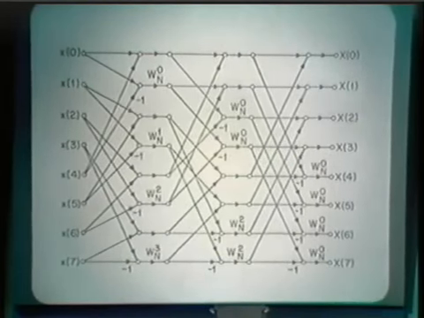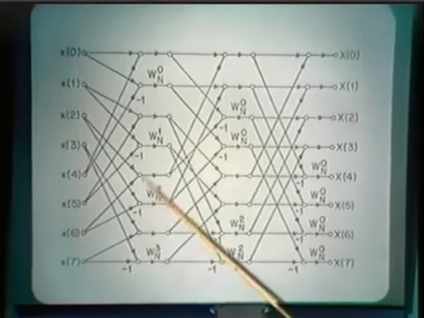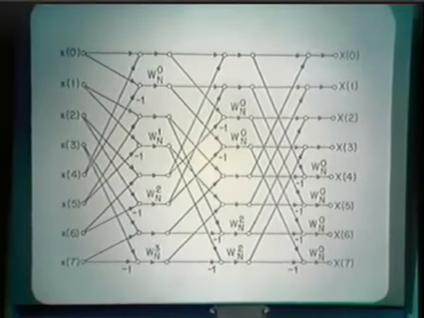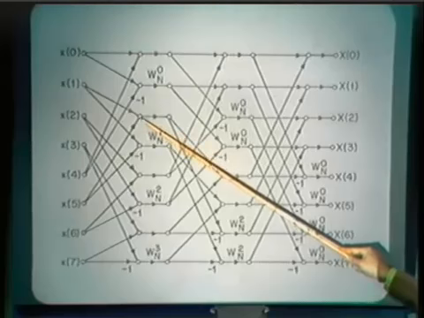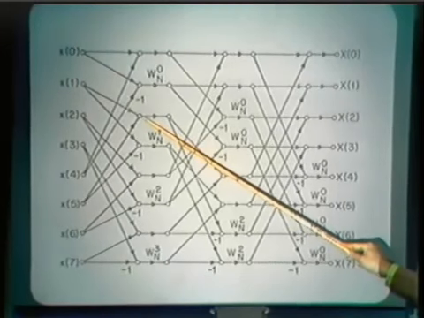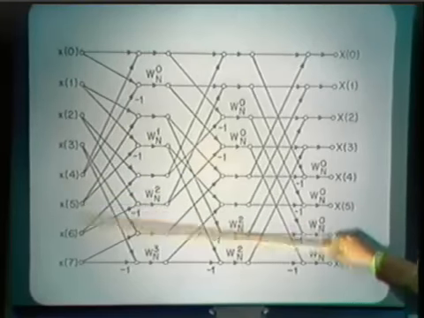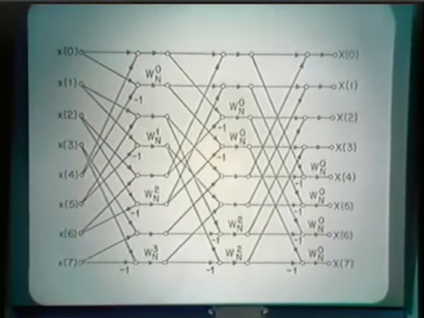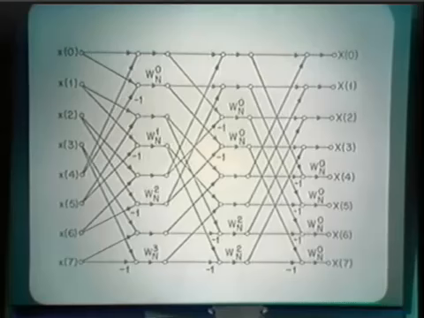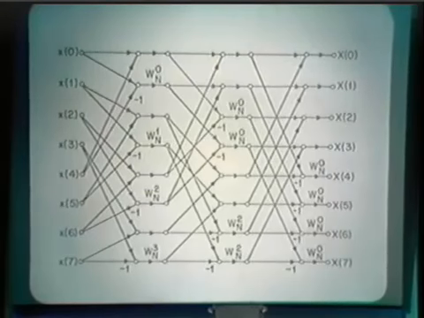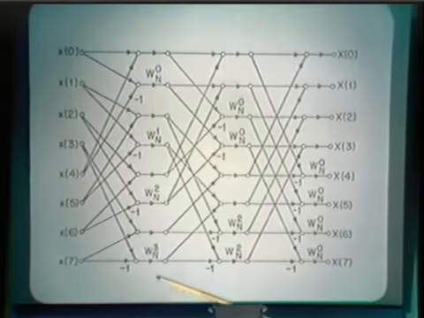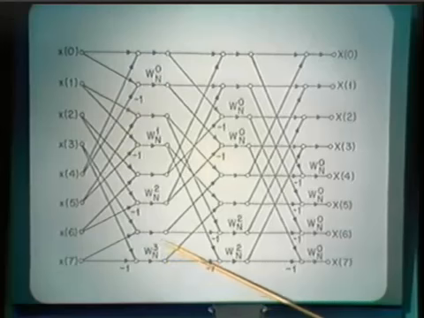And furthermore, it does not correspond to an in-place computation because the outputs of the butterflies are no longer horizontally adjacent to the inputs to the butterfly. So generally, this flow graph and its decimation in time counterpart are not practically very important.